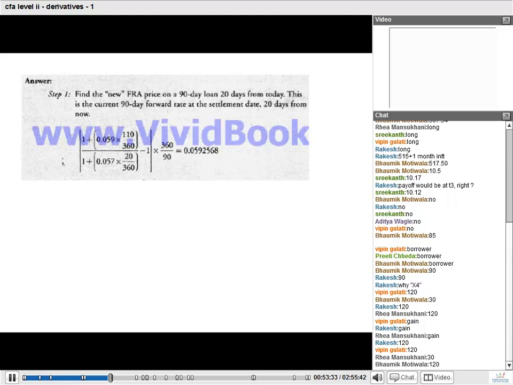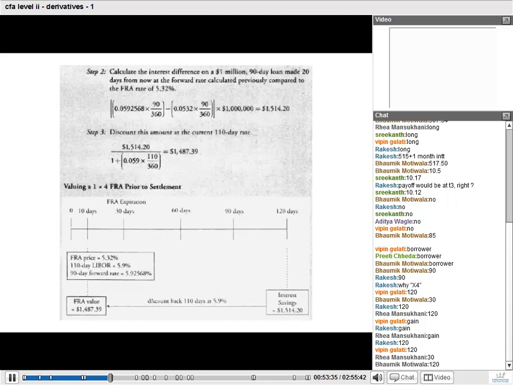So the value of the FRA is positive because the interest rates have gone up. So 5.925% into 90 by 360 into 1 million is the interest savings. The interest savings are coming to me 110 days later. So I will discount them back by the 110-day LIBOR.